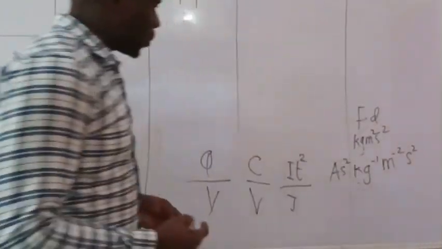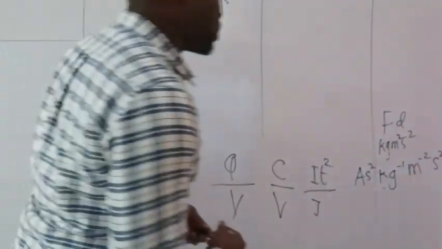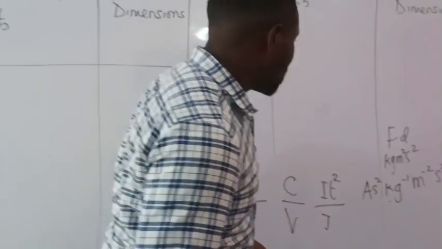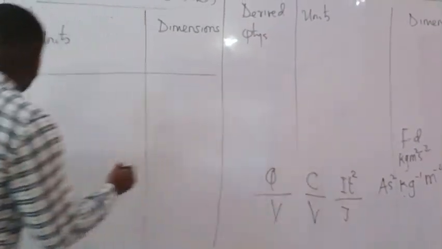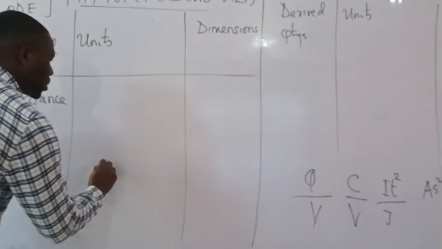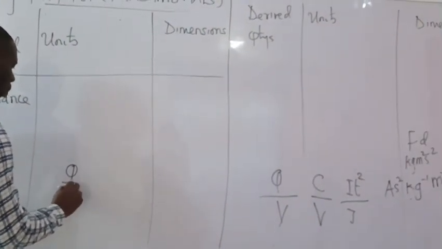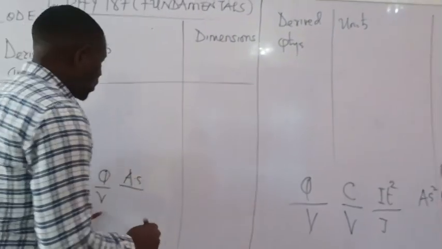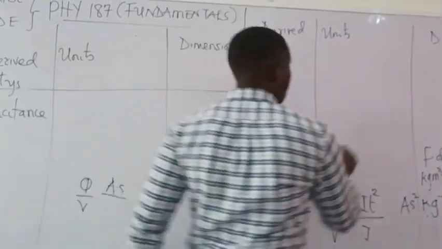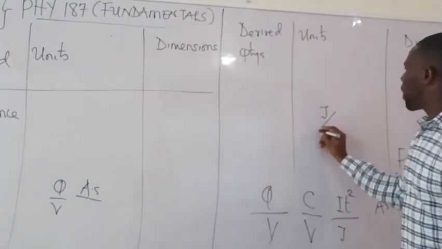And of course, if I would do the mathematics clearly, I could express capacitance as charge per volts. Charge is ampere second. Potential is joule per coulomb.